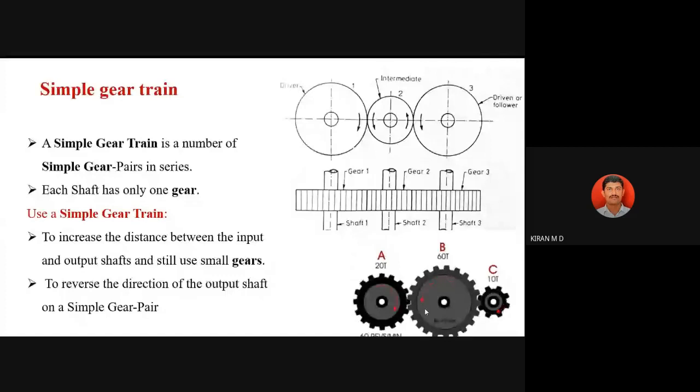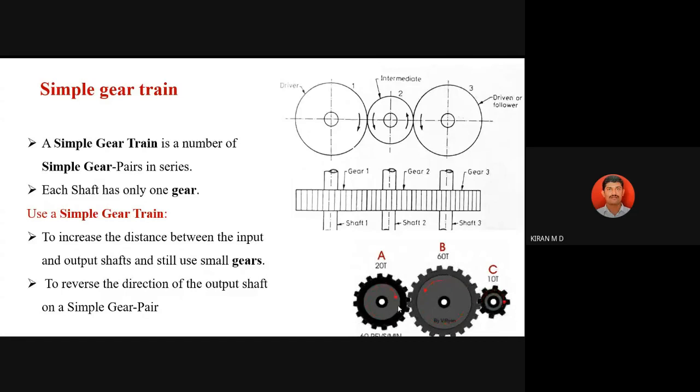Again, that intermediate gear drives the follower gear, the last gear, which will rotate clockwise. If you want to reverse this, what can we do? We have the input gear rotating clockwise, and we require the output gear to rotate counterclockwise. There are two ways. Either this should directly mesh with the A.